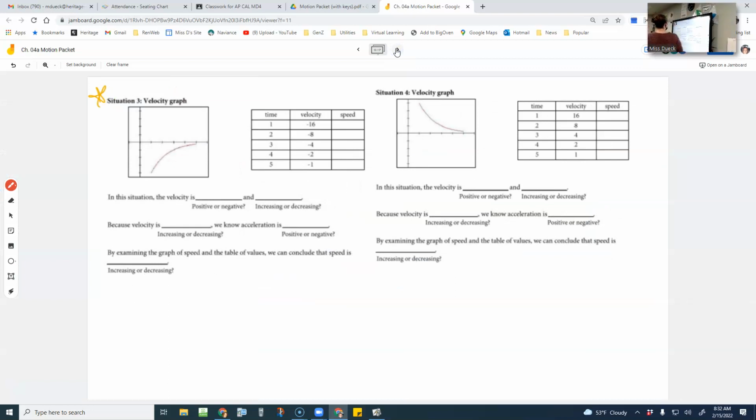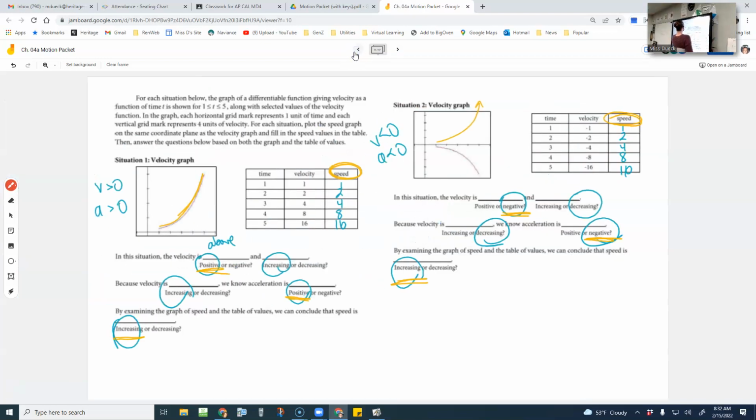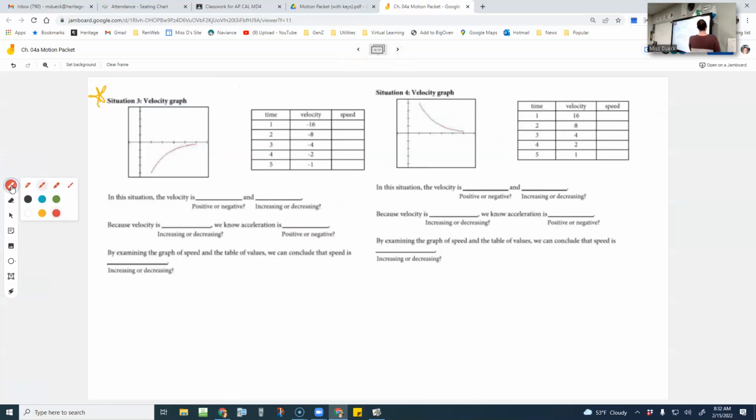As you guys were doing this, you were checking the relationship between speed and velocity. To keep my color coding, was I using blue? Speed says, anything below, I flip up. So one way is to think of it like that. Another way is to take the absolute value of every single one.